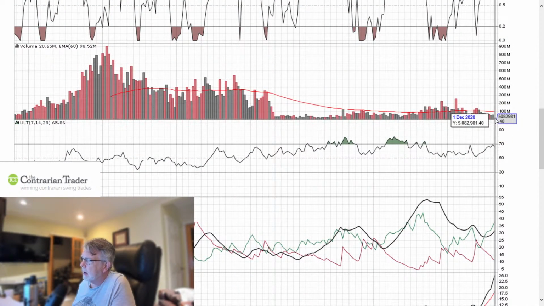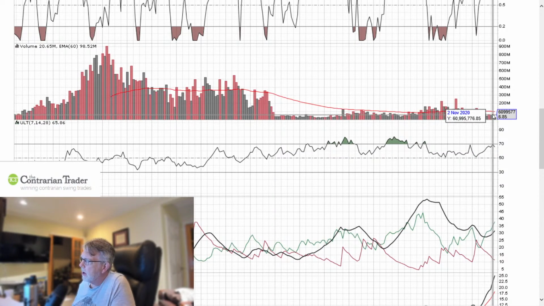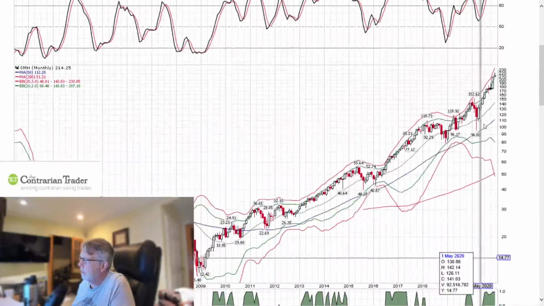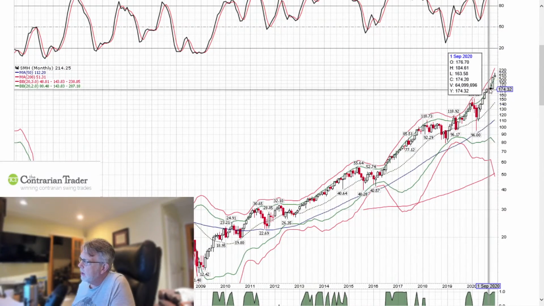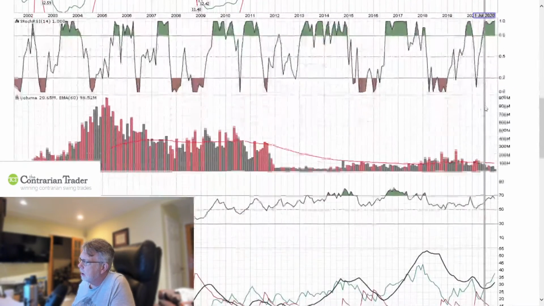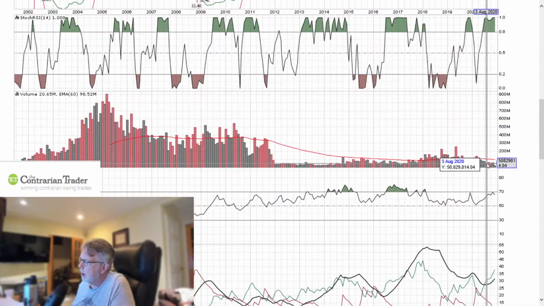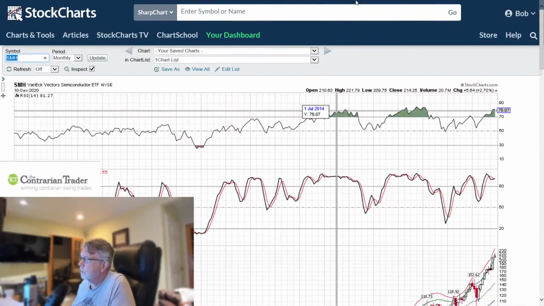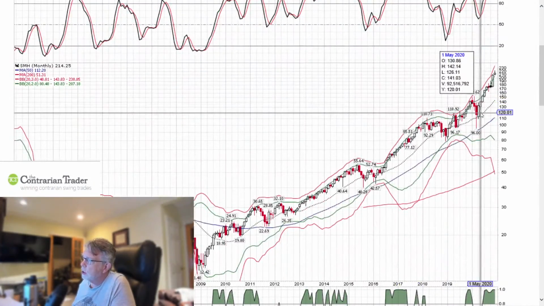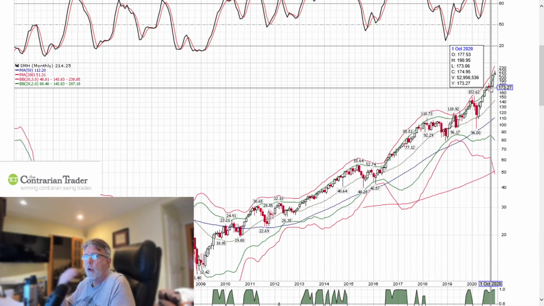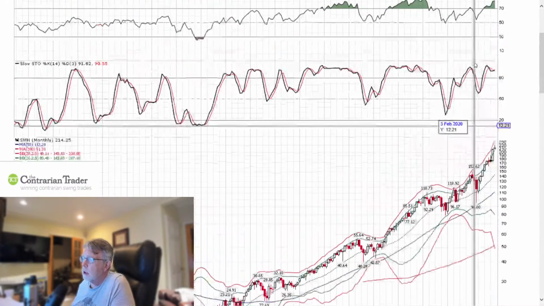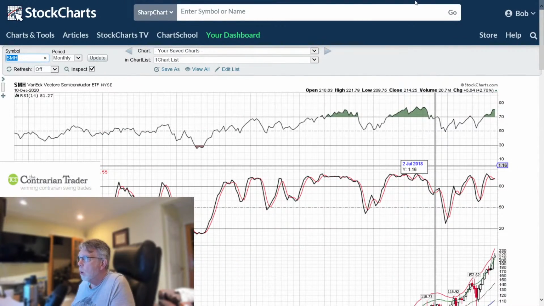Granted, we can't consider December, we're just beginning December. But look at the volume bars dropping off to the upside. So we're putting in all these new monthly highs, but on ever declining up volume. Warning flag on the track. If you don't have institutions stepping in to buy on the way up, they're certainly not going to buy on the way down until we get to oversold levels. So, warning flag on the track.